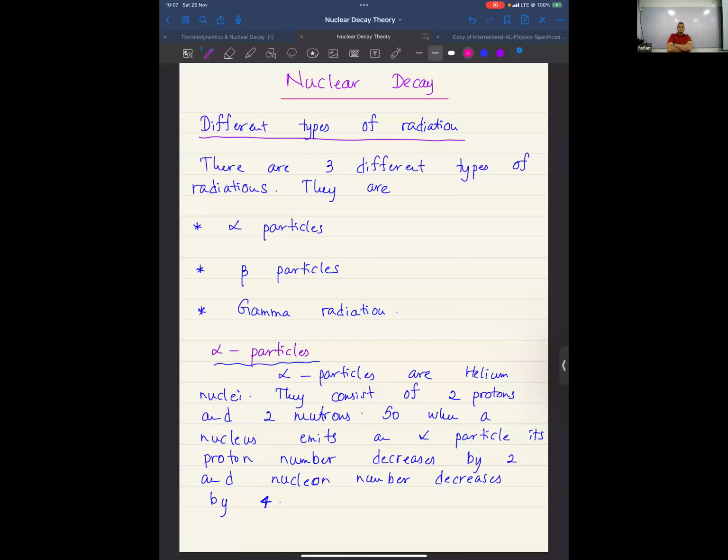So has it got something to do with carbon 12?